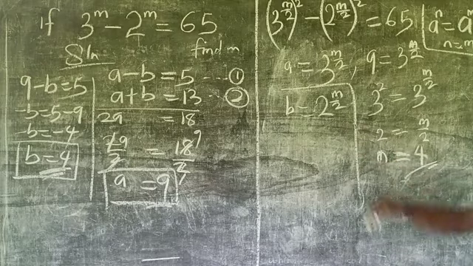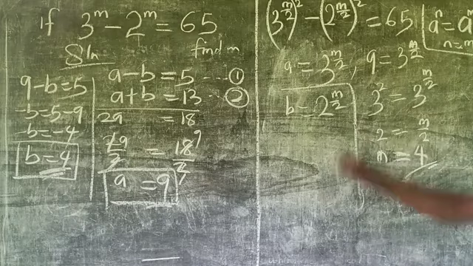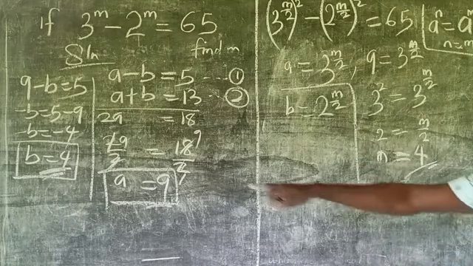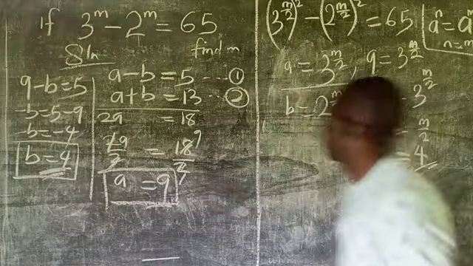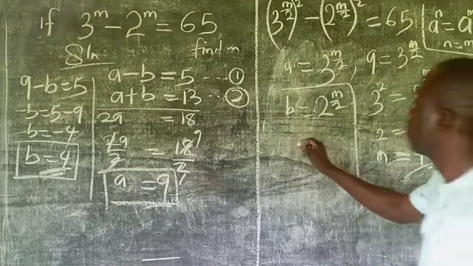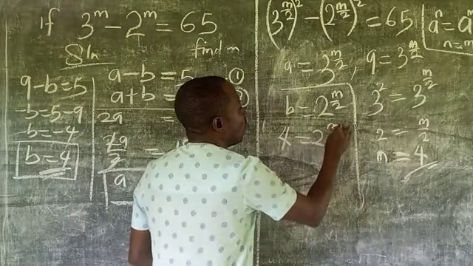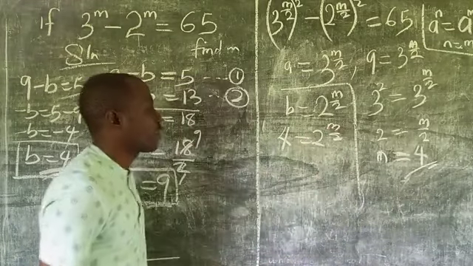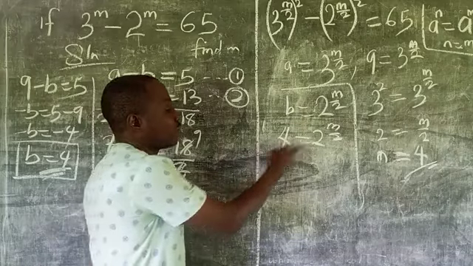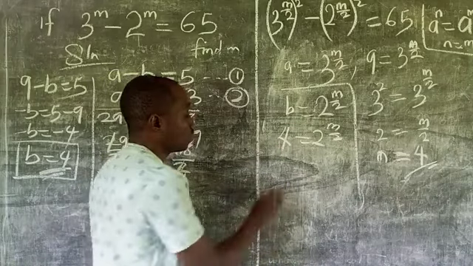And from the second part, B equals 2 raised to power n over 2. And we know that B there is 4. So in the place of B, we are going to put 4. If I say 4 equals 2 raised to power n over 2, we are fine. But the 4 can be written having the base of 2 also.